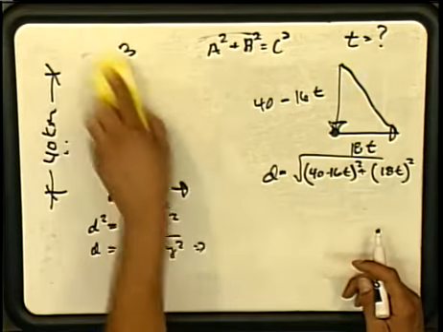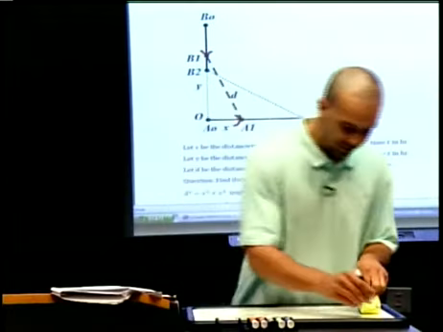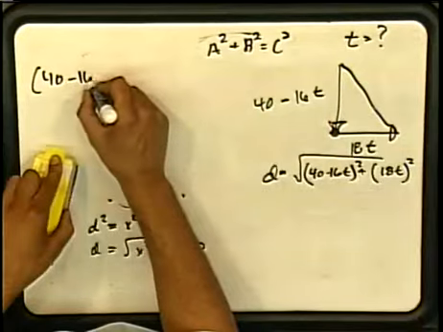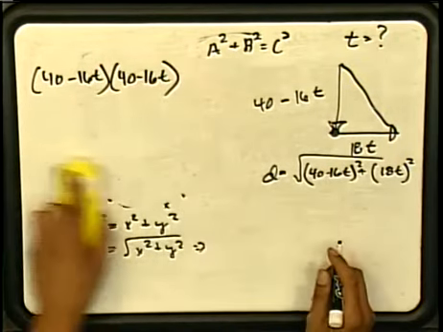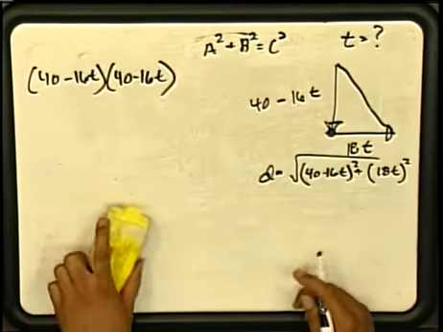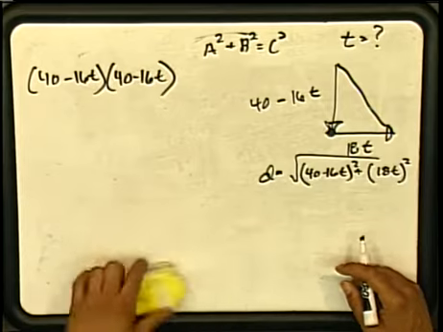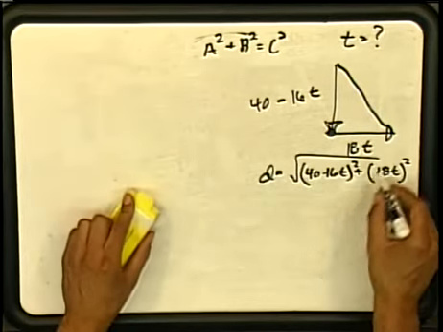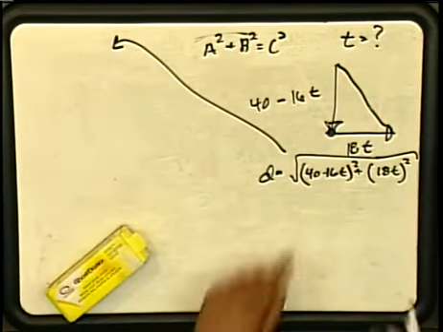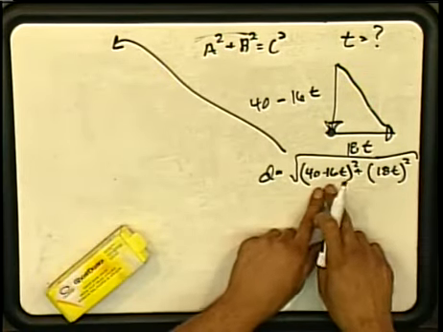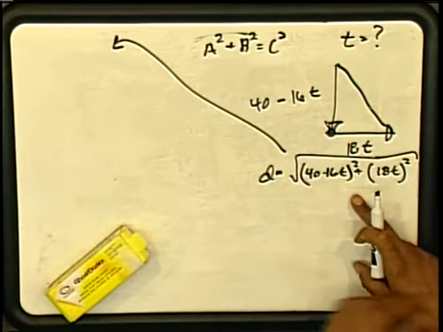Okay, I'm gonna erase the picture and FOIL this. 40 times 40. Well, he got the FOIL right there. I'm not gonna FOIL that and do all the math on that.